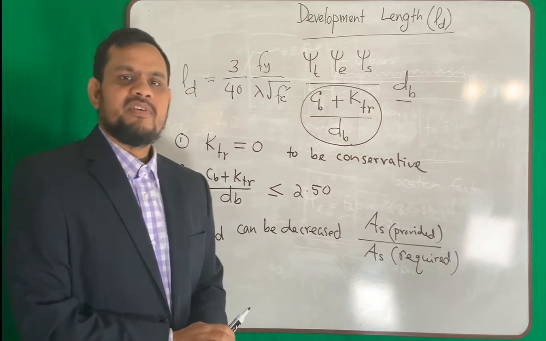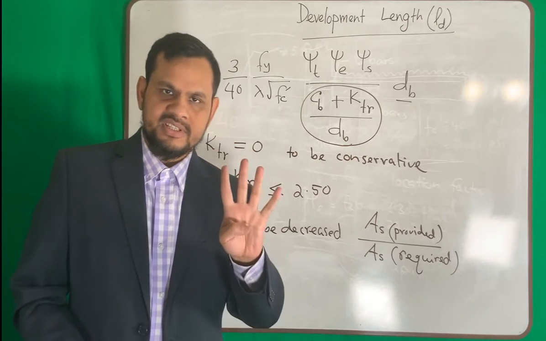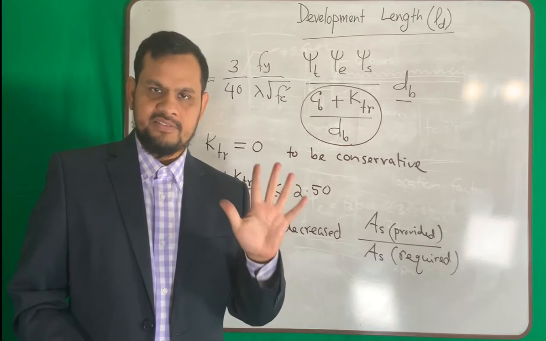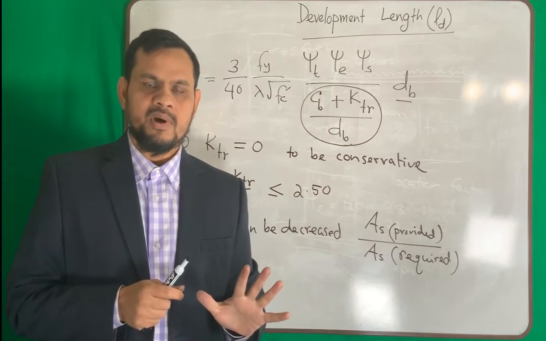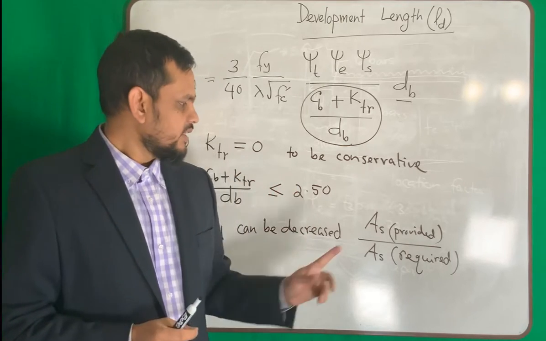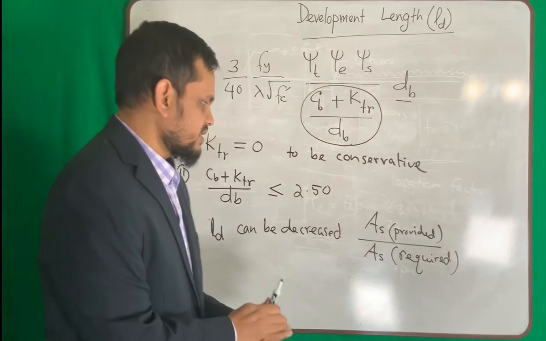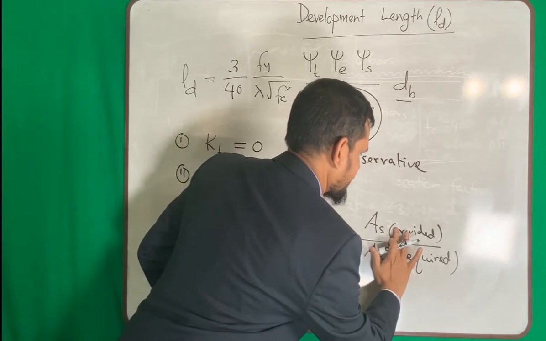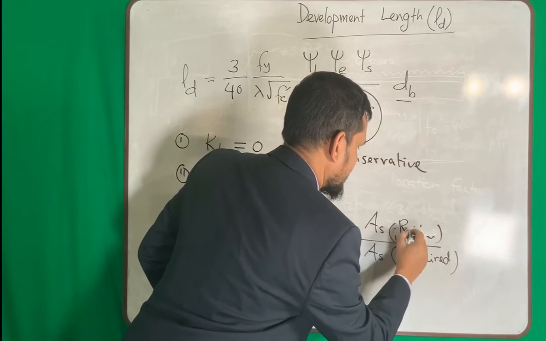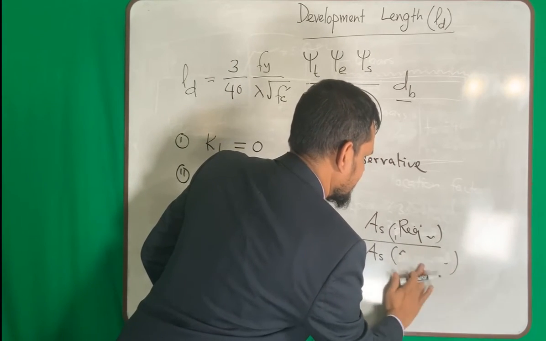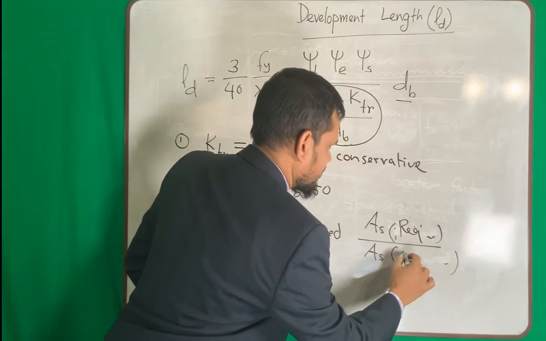Say you need 4 inches square, and you are providing 5 inches square to make a round number or to select the bar. That means 5, oh, the opposite actually. So it is required over provided.